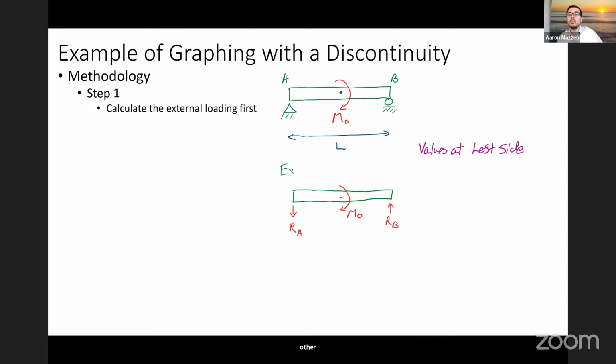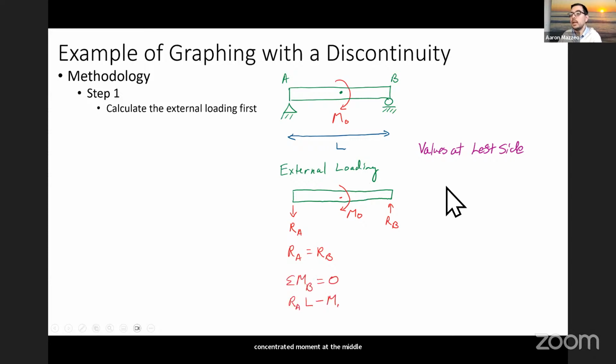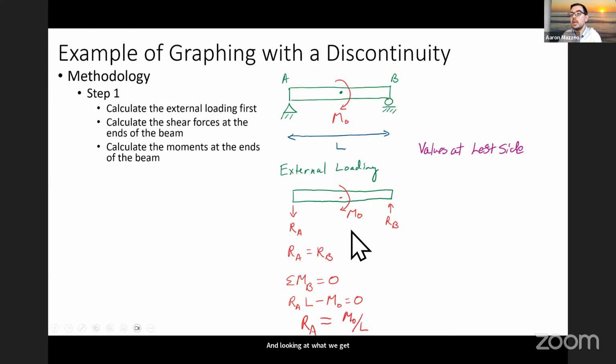Now, we're going to handle the applied concentrated force or concentrated moment at the middle by first performing external equilibrium and looking at what we get for our reaction force at each end of the beam.